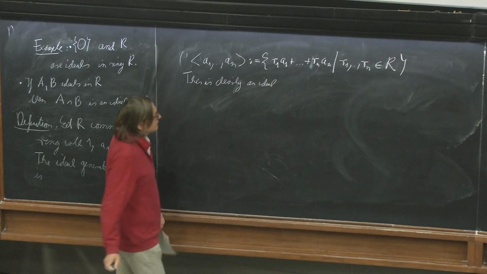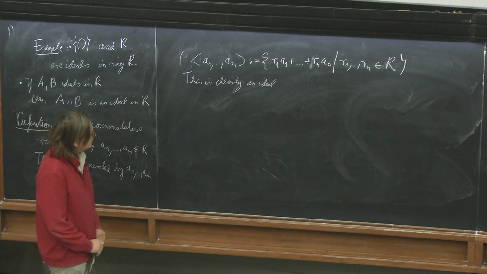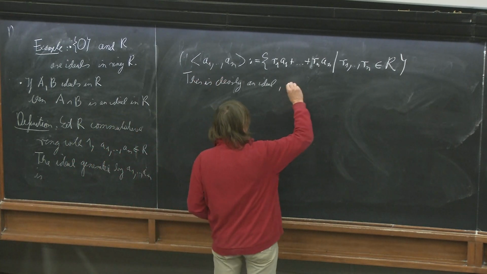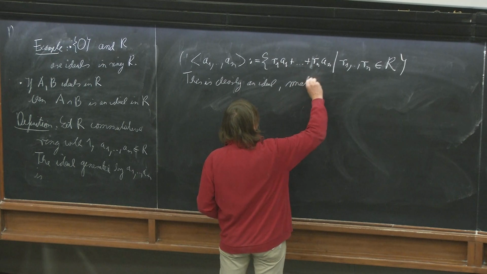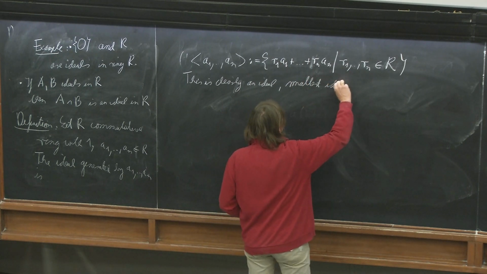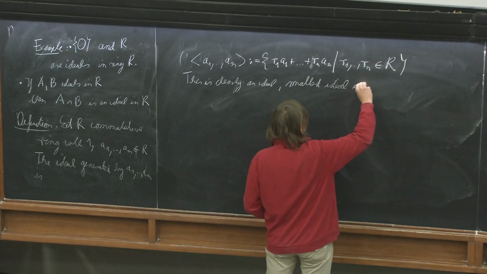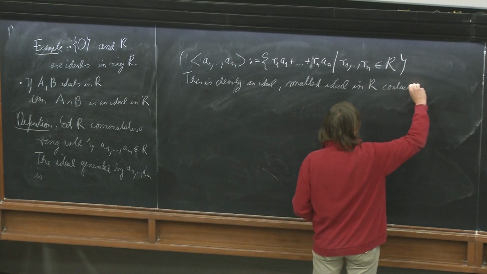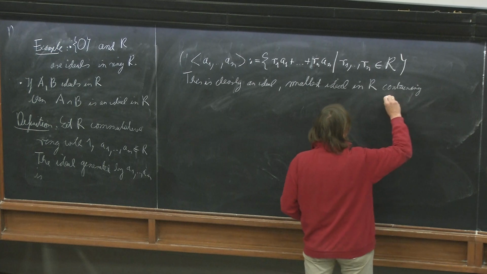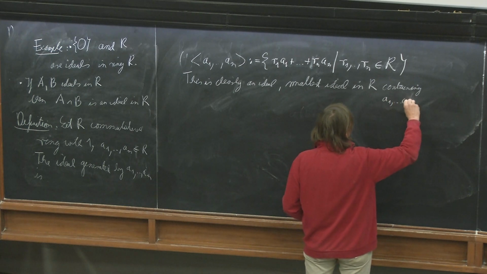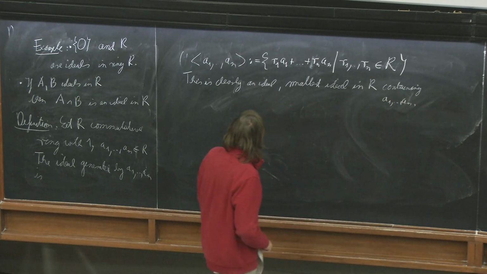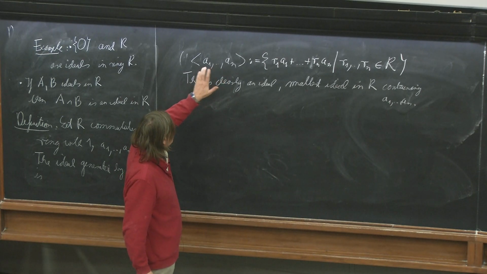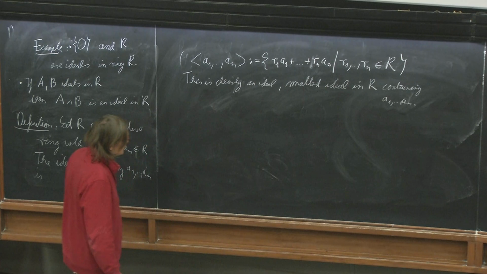And it is also clearly the smallest ideal in R which contains A1 to AN. Any ideal which contains these elements A1 to AN has to contain the ideal generated by A1 to AN.